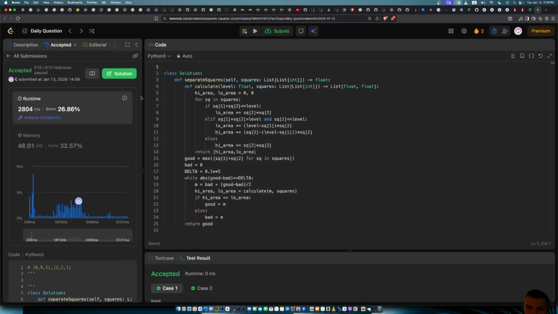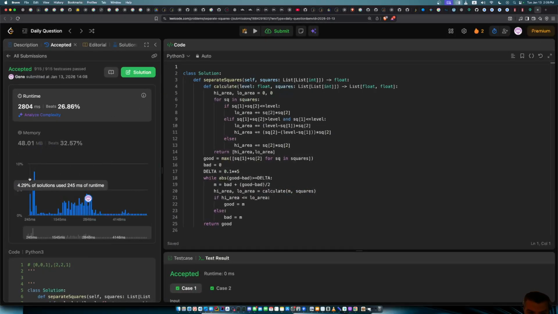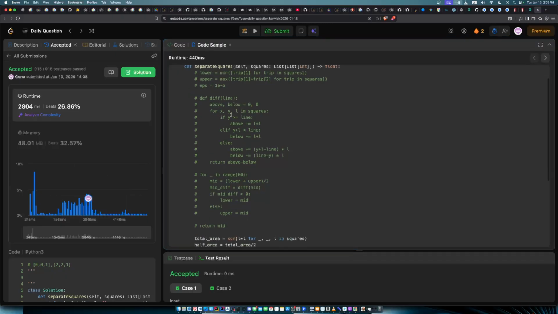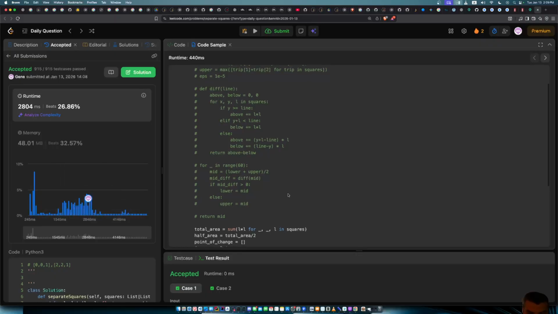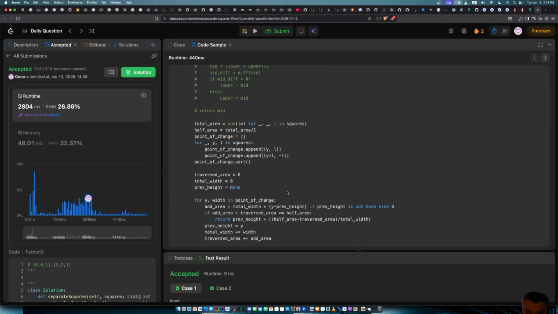Yahoo! So I wonder what people are doing here. So first of all they got the total area, and then half of the area is going to be equal to the total.